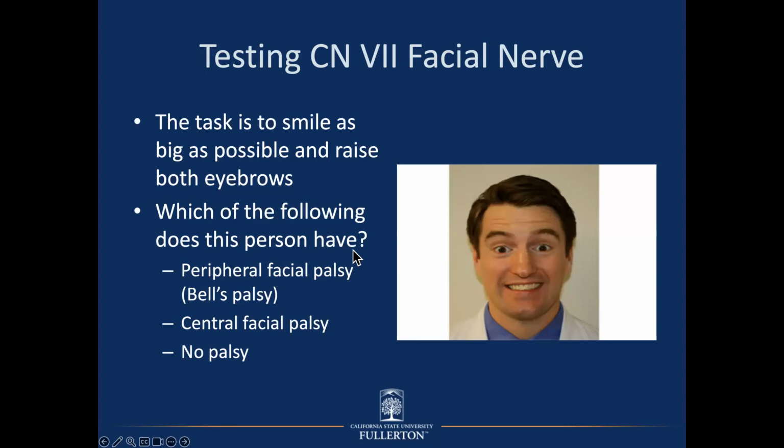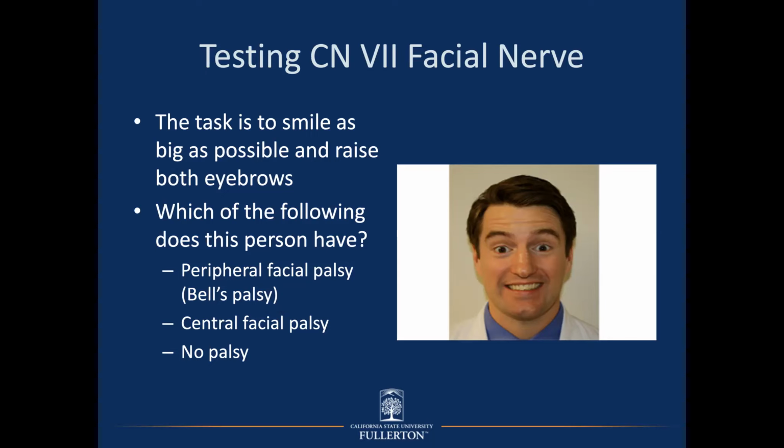And so my question is, looking at this face, does this person have a peripheral facial palsy? The word palsy is kind of an old-fashioned word. It just means weakness. Do they have a peripheral facial weakness, which is also called a Bell's palsy? And I want to just say something about this. It's called peripheral facial palsy, which doesn't exactly ring out with meaning until you know what it means.